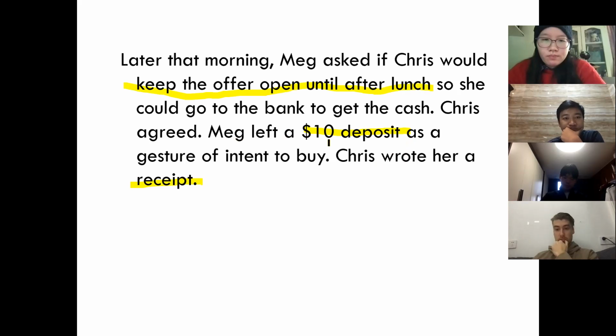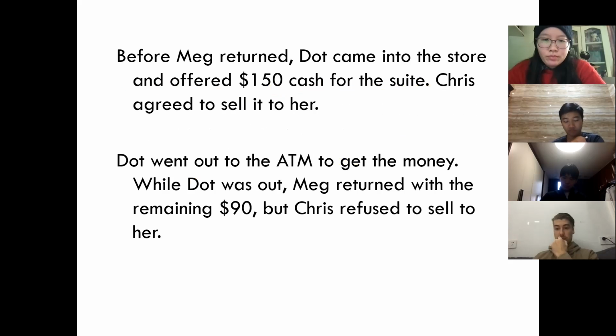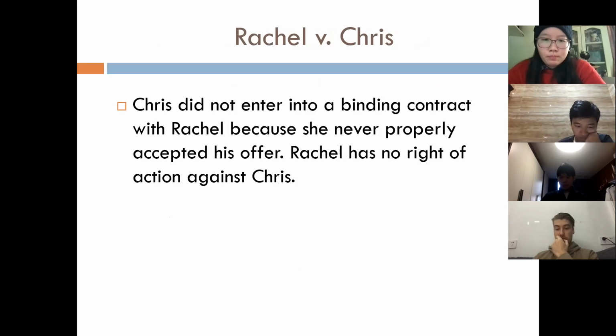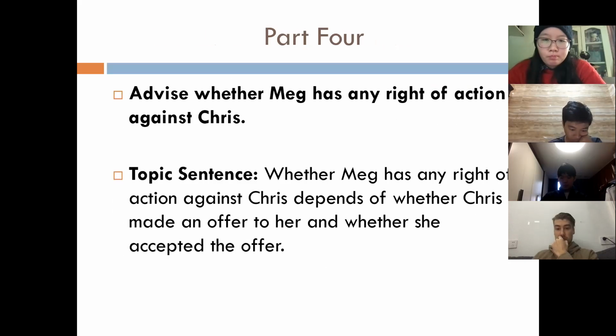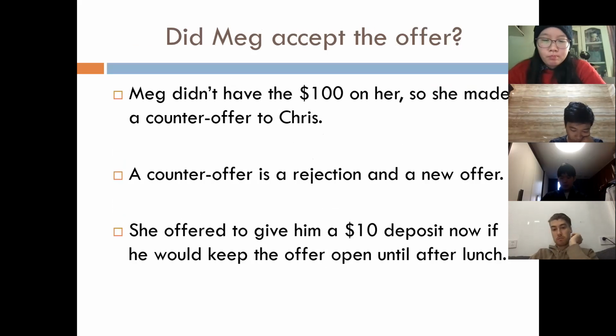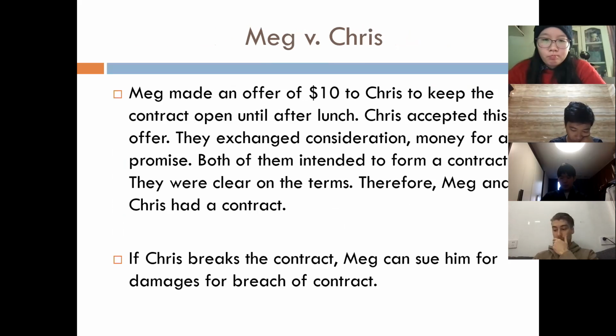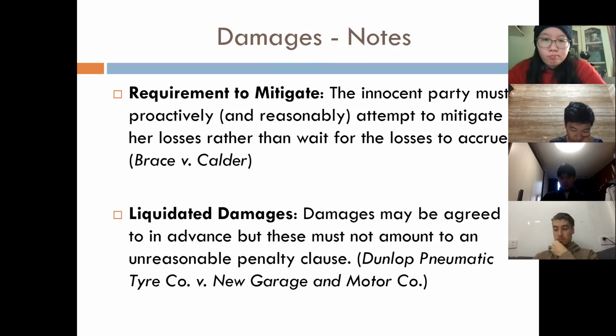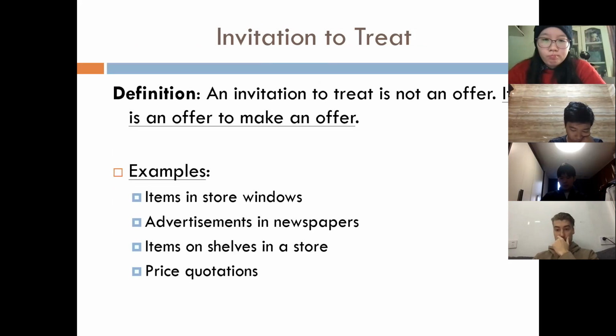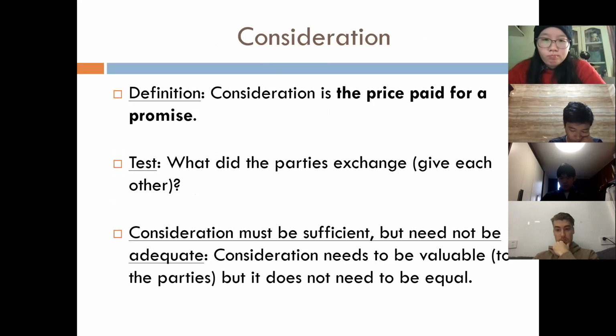Meg gave him $10. That is valuable. And Chris gave her a promise to keep the offer open until lunch. And that promise is valuable too. So what are we talking about here with this idea of valuable and not valuable? Consideration.